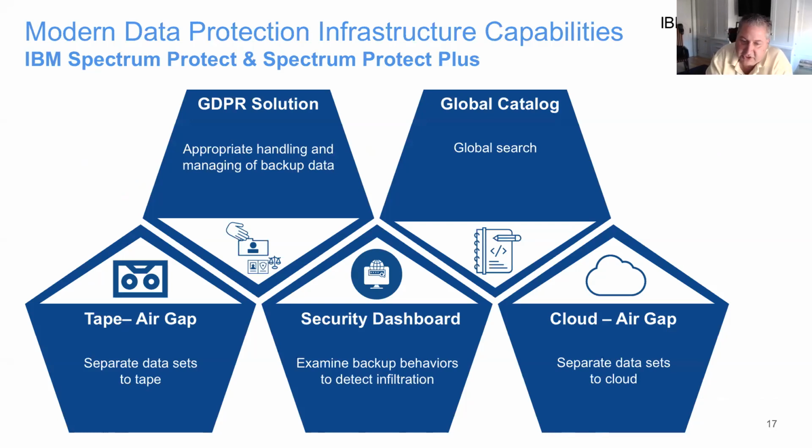If your deduplication rate changes by, and you can set the percentage, but let's say 10%, but your data is fundamentally the same, chances are something weird is happening in your environment. Maybe you understand it. Maybe you added a whole bunch of new systems and that's what's causing it. But maybe, just maybe, something's in there and we want to highlight and alert you to the fact that something may be going on. So these are all tools to put in your hands to be more proactive about what might be happening in your environment.